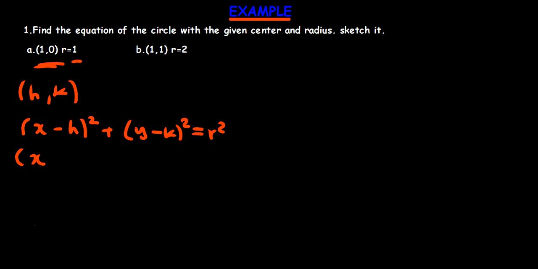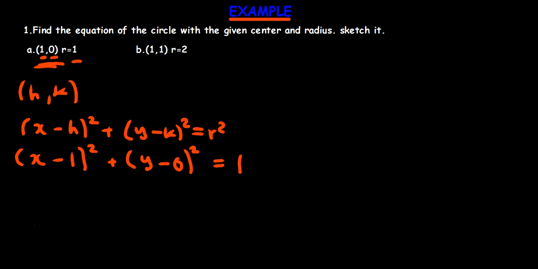My h is 1, so this will be x minus 1 squared. Then plus y minus my k, which is 0, so that will give me y minus 0 squared, is equal to, what is my r? My r is just 1. 1 squared is still going to be 1. Yeah. So what do I do from here?